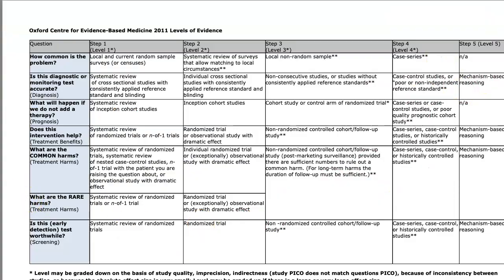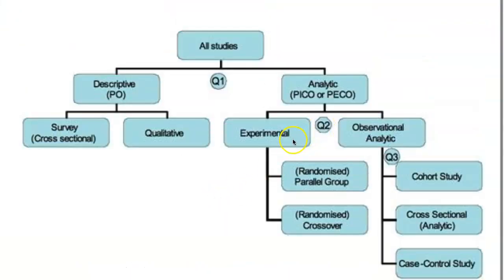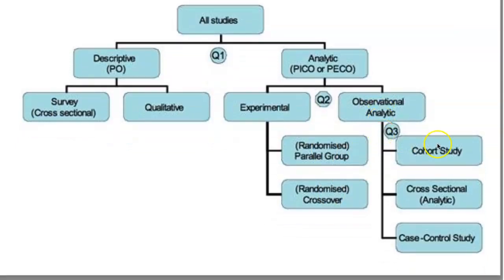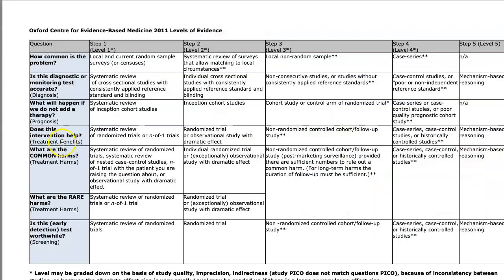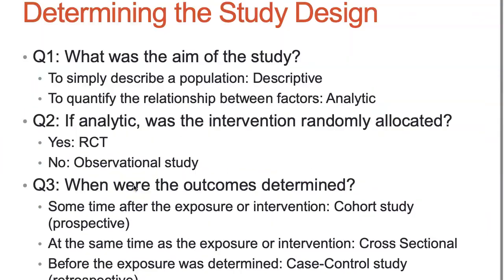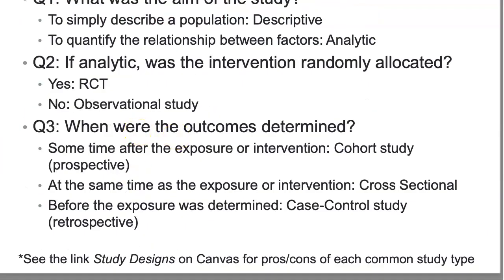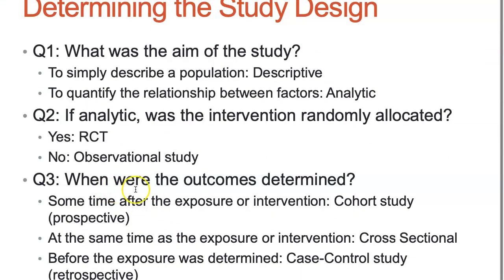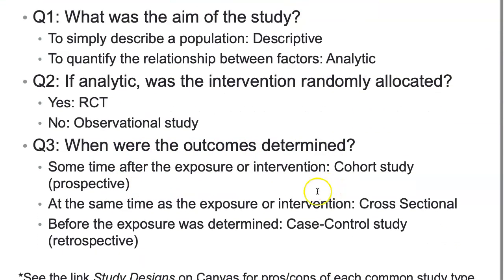So experimental is randomized, and according to this, the other is observational, and we have these other types of studies. Question 3, here we're going to this area: when were the outcomes determined?